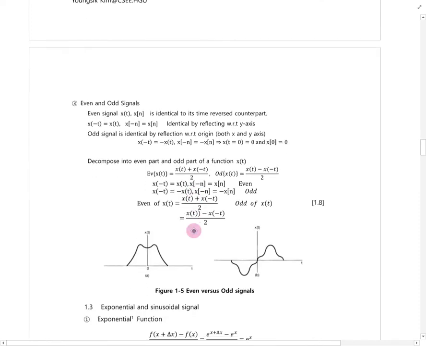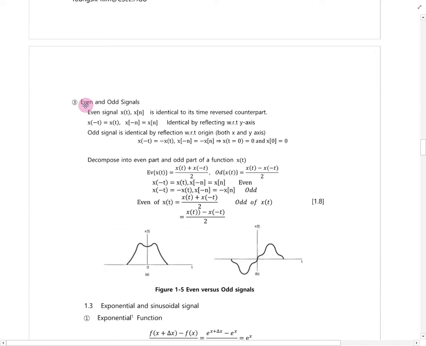The next topic is even and odd. An even signal means that if we take a reflection with respect to the y-axis, it should be the same. So x(-t) equals x(t), or x[-n] equals x[n]. That is the even signal. An odd signal is symmetric with respect to the origin, not the y-axis.